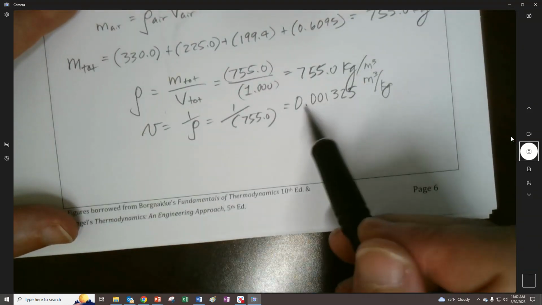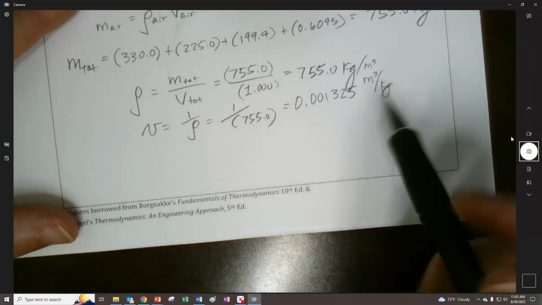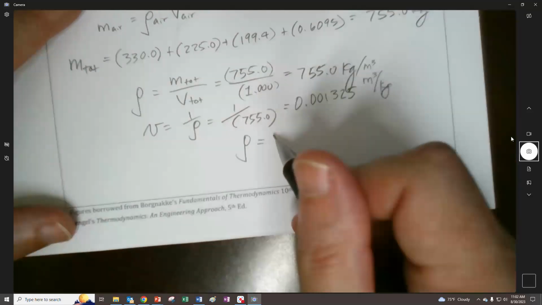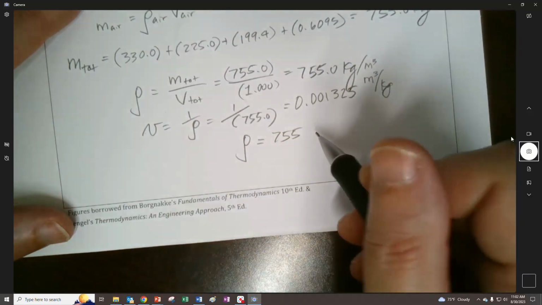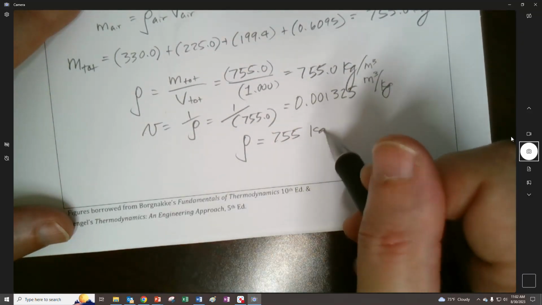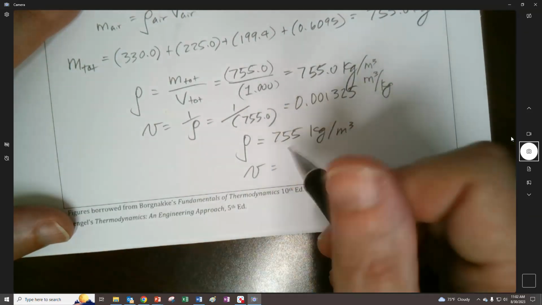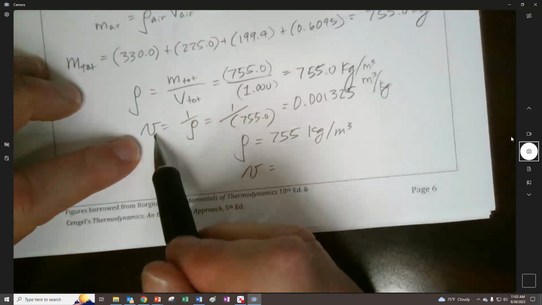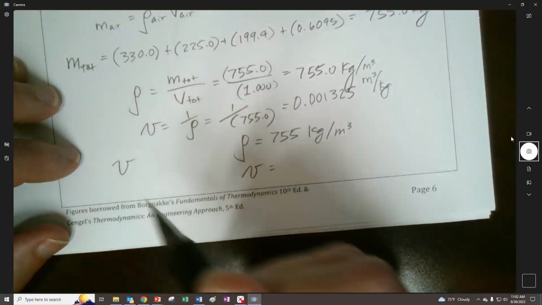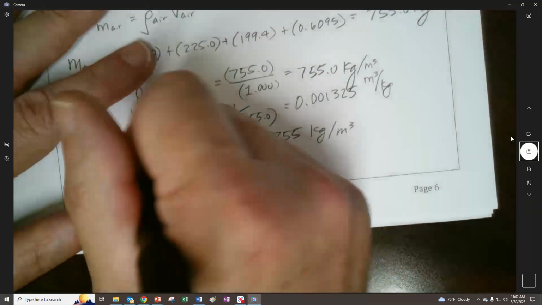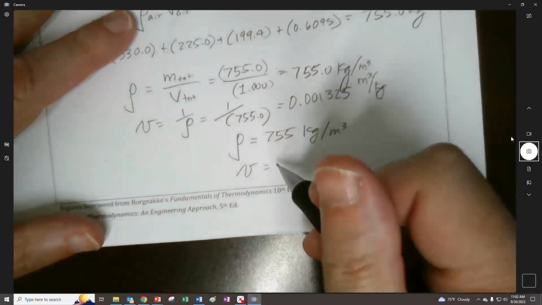That's fine with me. I tend to put things in scientific notation. Let me do the thing I tell you to do, and let's go to 3 sig figs with this. Kilograms per cubic meter, and the specific volume. I don't know if I like that full cursive. I might take to doing that instead of doing the full cursive for the specific volume. I don't write specific volume a lot, so I'm trying to make up my mind what's the best way to write it.